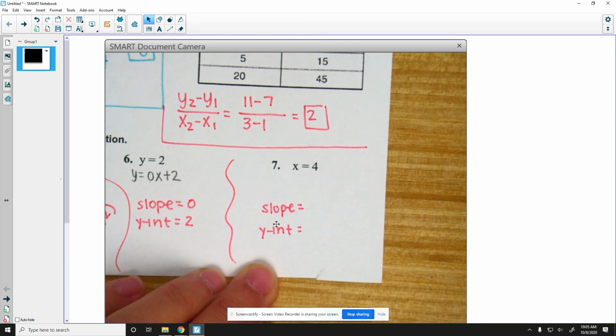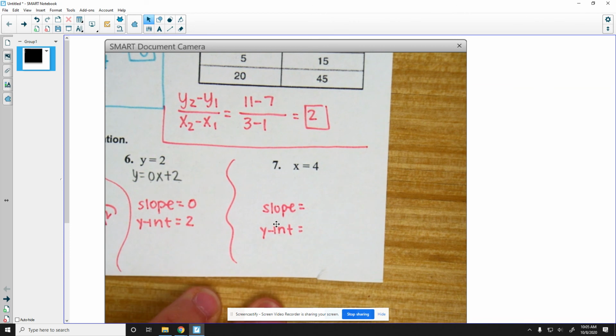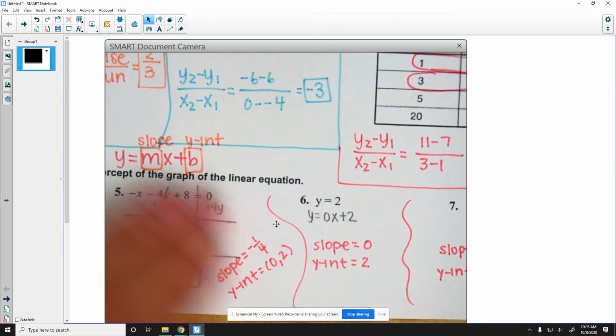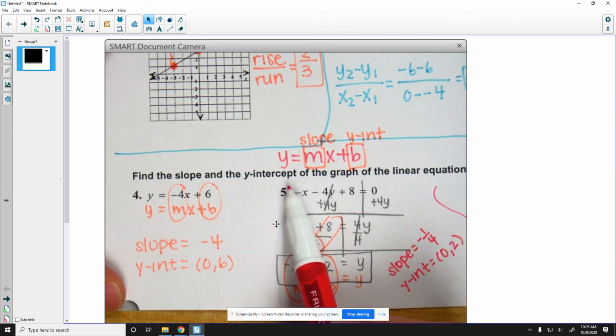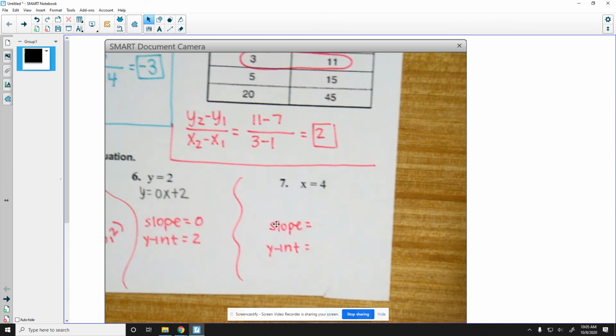Okay. Luis? I'm confused on why it's still a y-intercept. You're confused as to why what? Well, because the directions say find the slope and the y-intercept. So that's why I'm finding it.